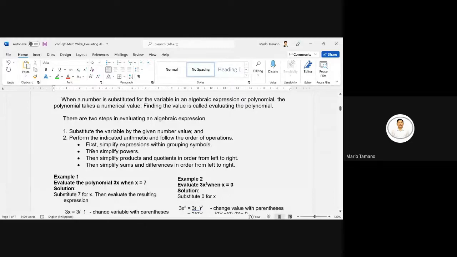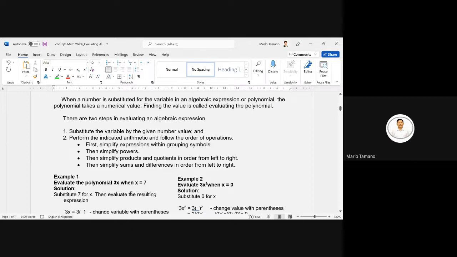Number 2, perform the indicated arithmetic and follow the order of operations. So, eto po ngayon. First, simplify expressions within grouping symbols. Ano pa yung mga grouping symbols? Kapag parenthesis po, i-clear mo na yung parenthesis. So what are the three grouping symbols?